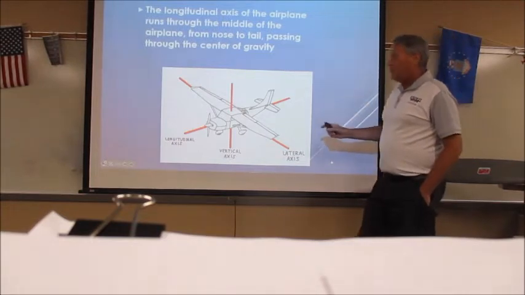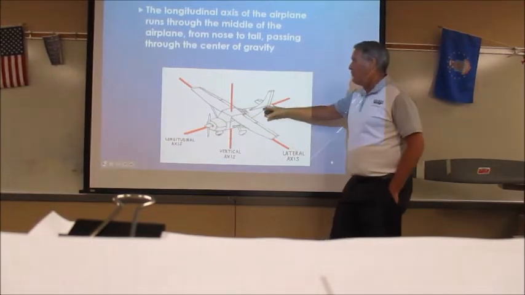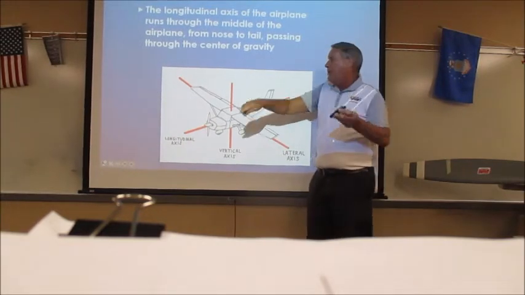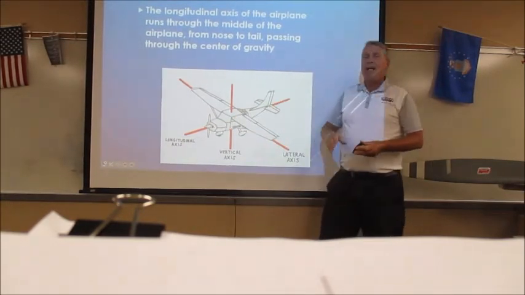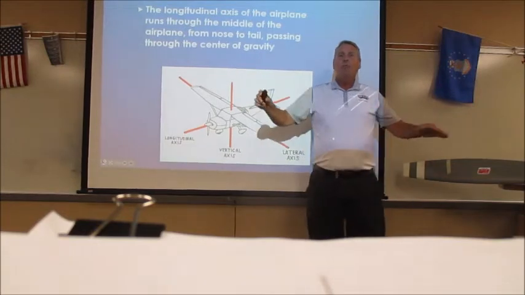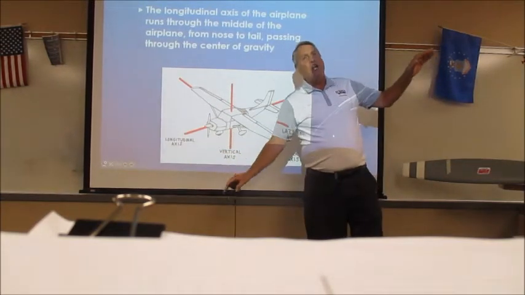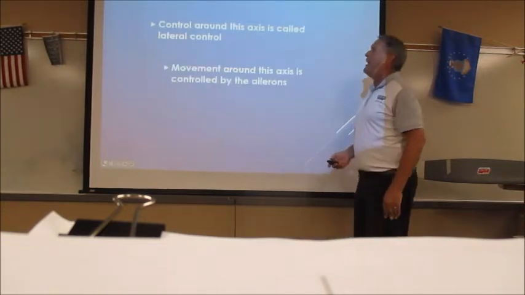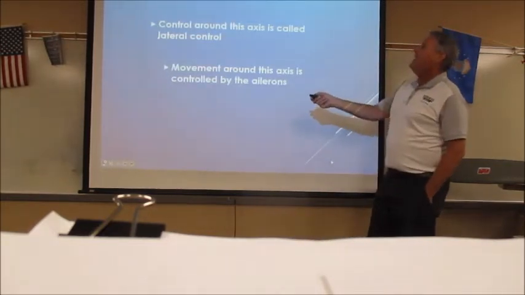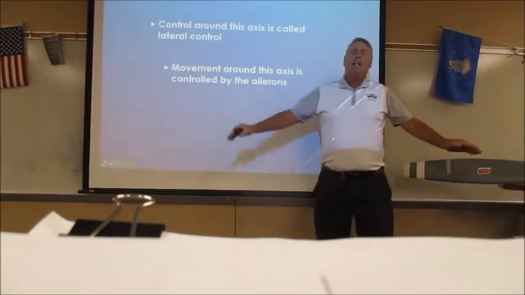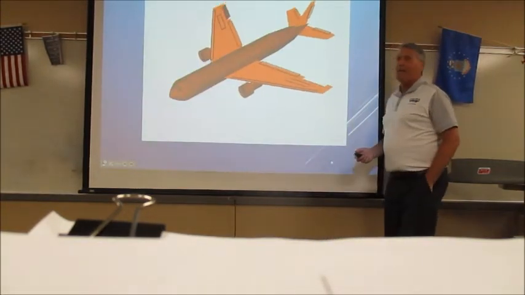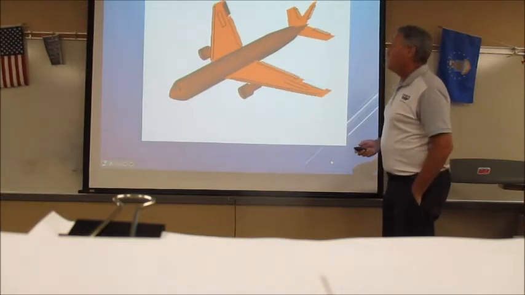Now, the longitudinal axis goes from nose to back. It goes right through the airplane. For movement on the longitudinal axis, we're going to have ailerons, and there's your ailerons moving your airplane.